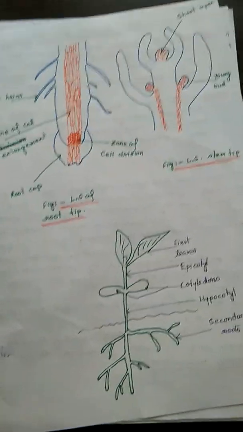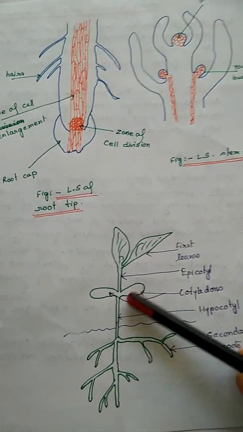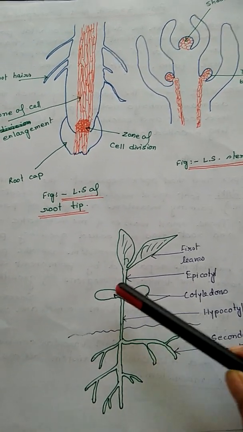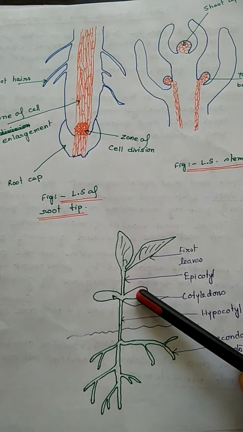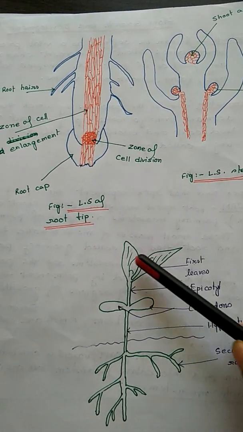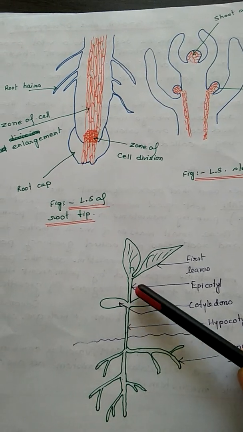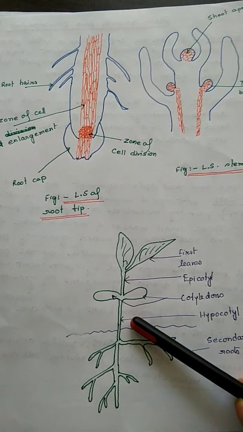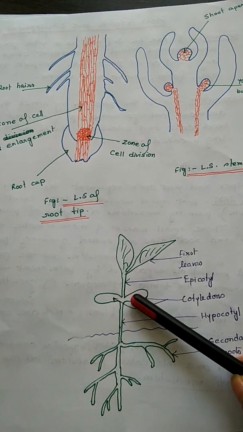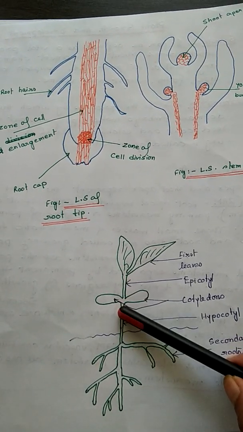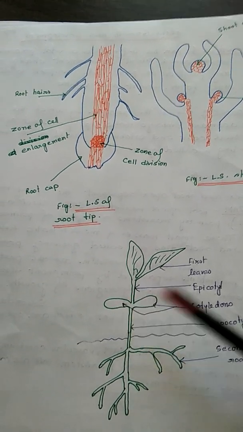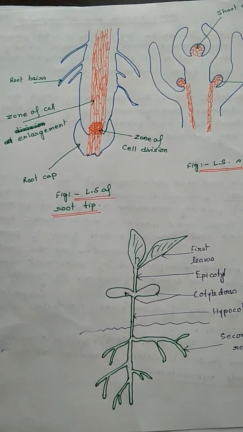Due to these meristematic tissues seed germination takes place. These are the two cotyledons first, present in the seed, and the first leaf, and in between them the epicotyl region and hypocotyl region. From this region the embryo develops, getting nourishment from the cotyledons due to the meristematic tissues.